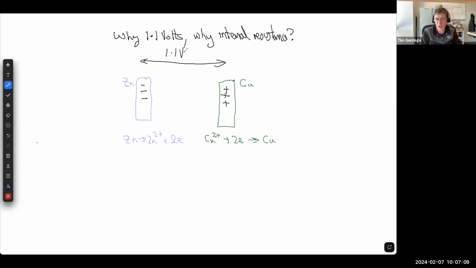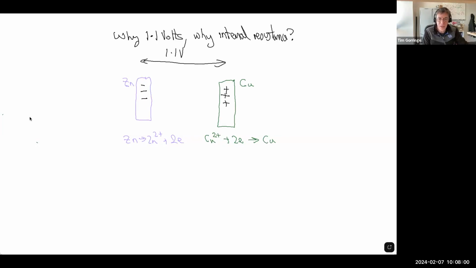That potential hill between the two electrodes is 1.1 volts. It's when you've shut off the two reactions that are depositing positive and negative charge on the two electrodes, and that 1.1 volts is determined by the energetics of the two reactions, how much energy is released overall in the ionization of the zinc and the atomization of the copper.